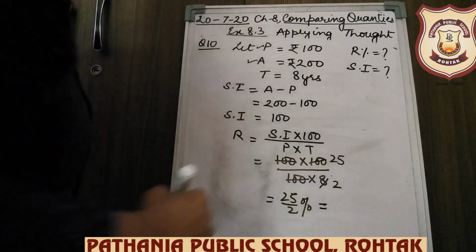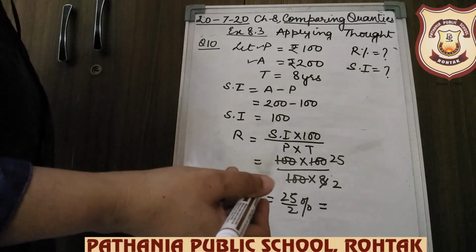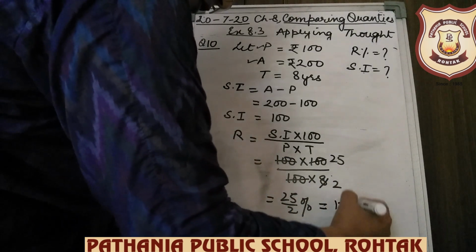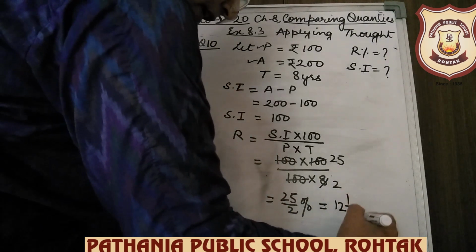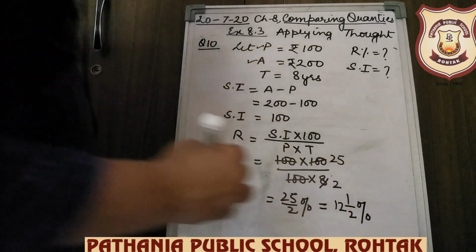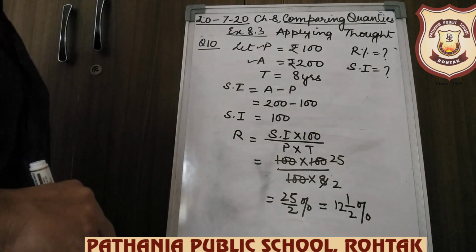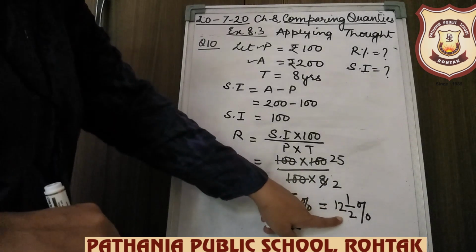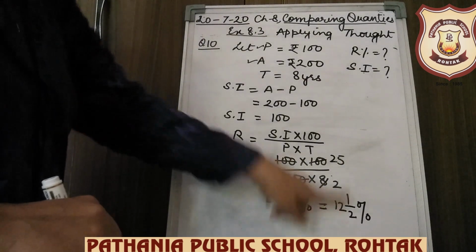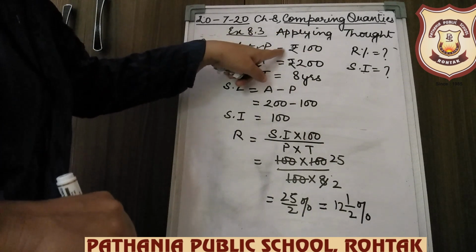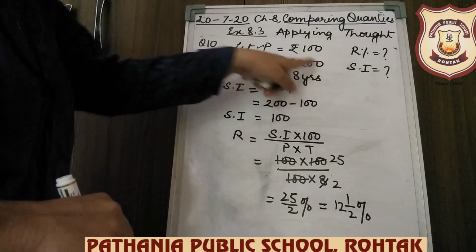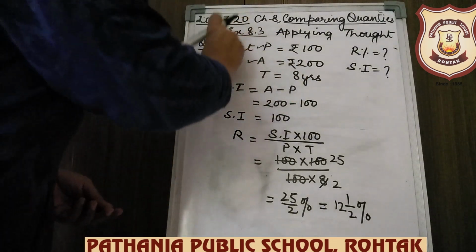What I told you, convert it into a mixed fraction. 12 1/2% is the rate of interest. Now they are saying when the interest is this, principal is this, when the amount, in how many years? Time. Now you have to find the time.